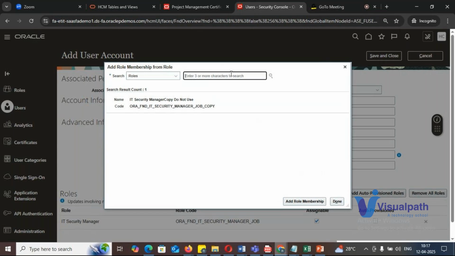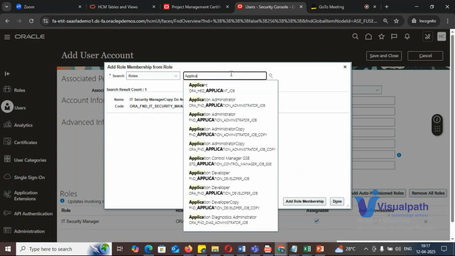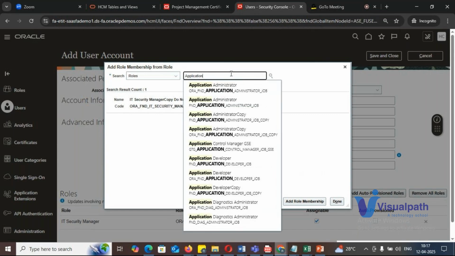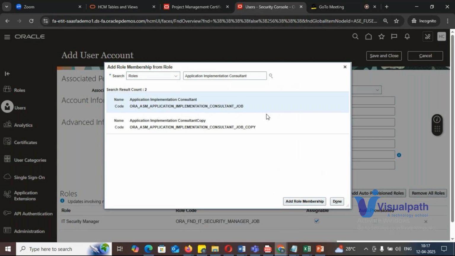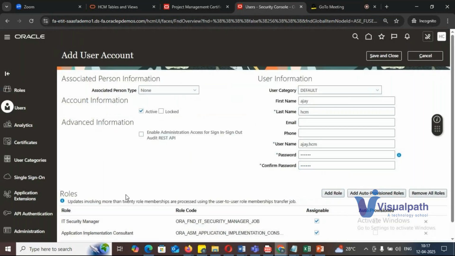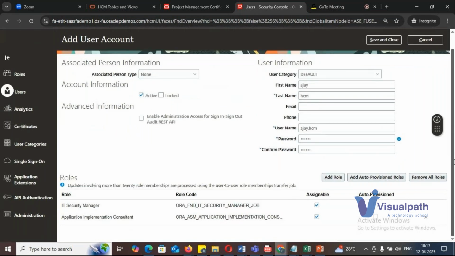As a functional consultant, this one you have to assign the role. I'll tell you about more roles later on.